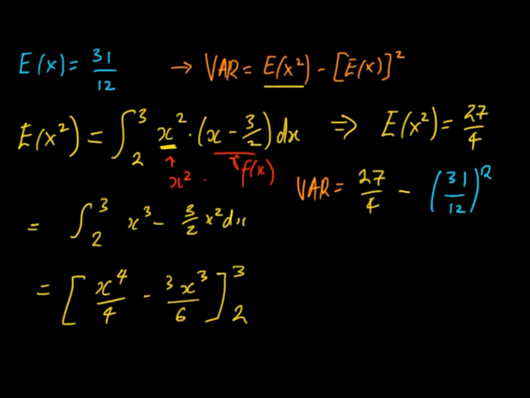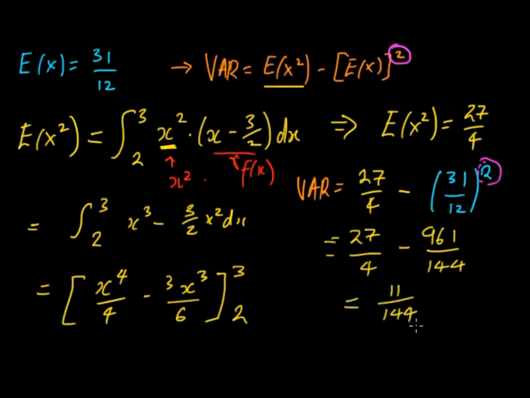Don't forget to square it, because E(X) is just that, but we do need to square it. Then we get that it is equal to 27 on 4 minus 961 on 144, which is equal to 11 on 144.